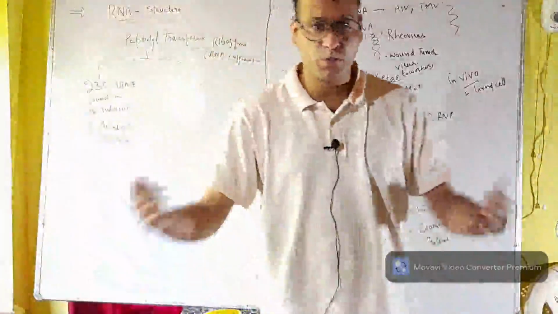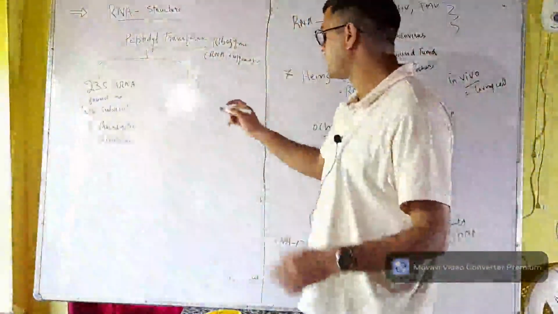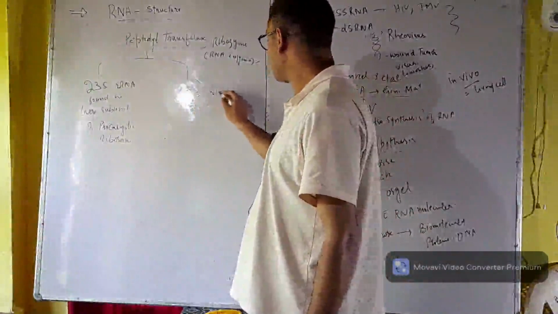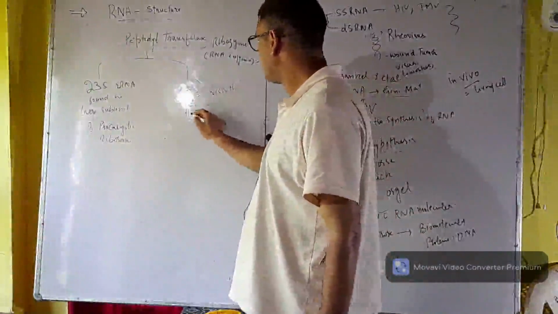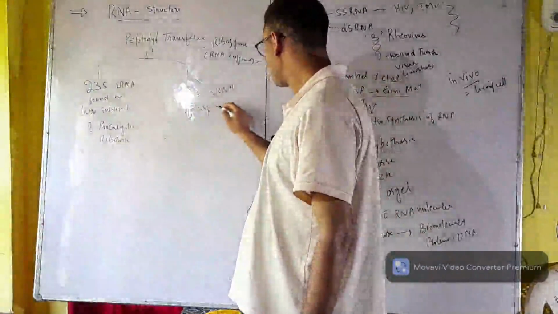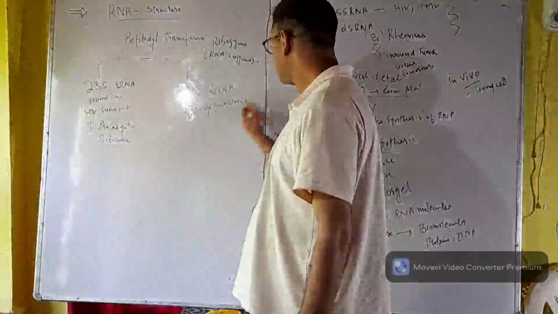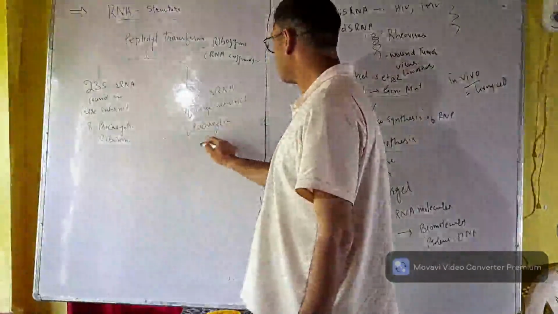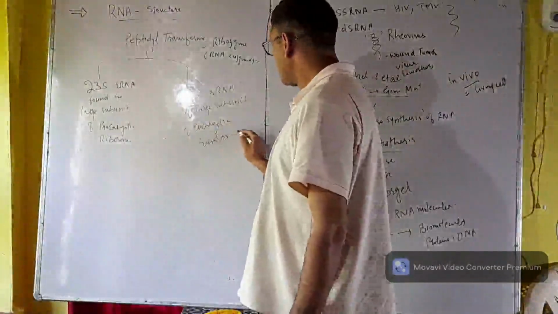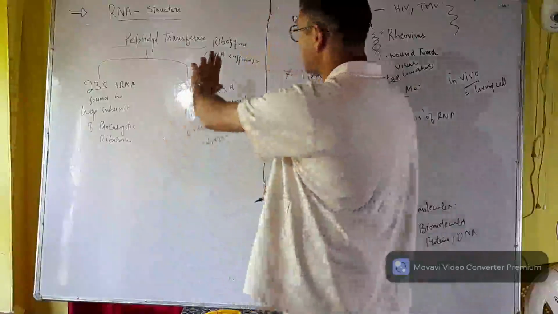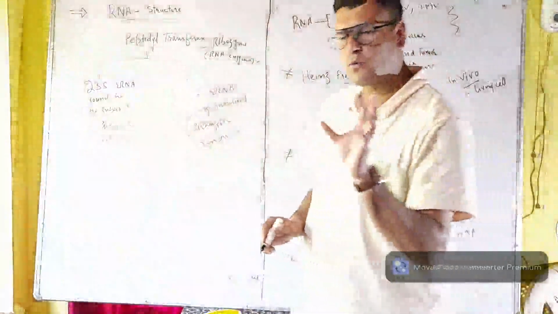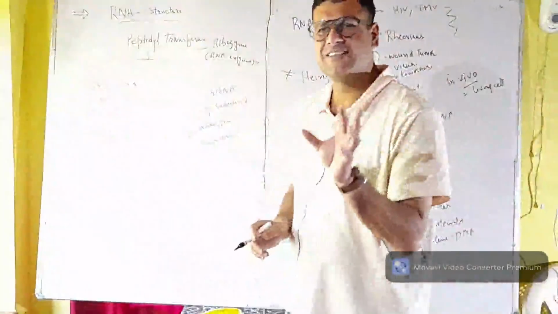It is found in prokaryotes as well as eukaryotes, and in eukaryotes it is found in the 28S ribosomal RNA of the large subunit of the eukaryotic ribosome.